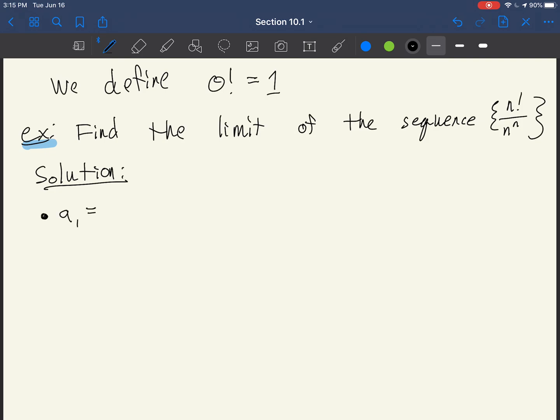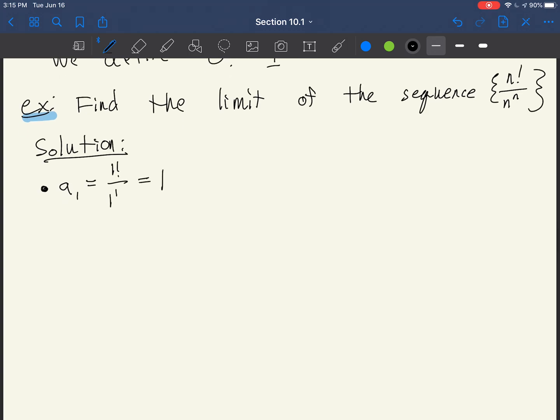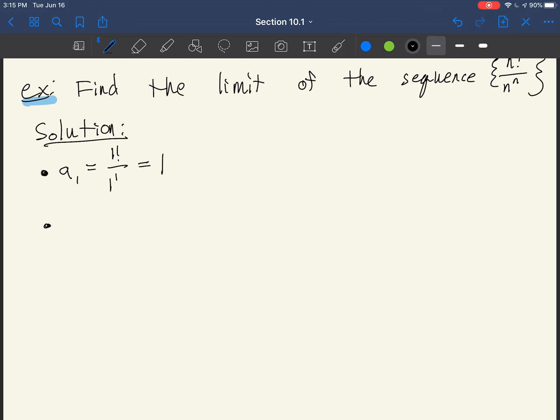The first term would be 1 factorial divided by 1 to the first, which is 1. The second term would be 2 factorial divided by 2 squared, which is 2 divided by 4, which is 1/2.